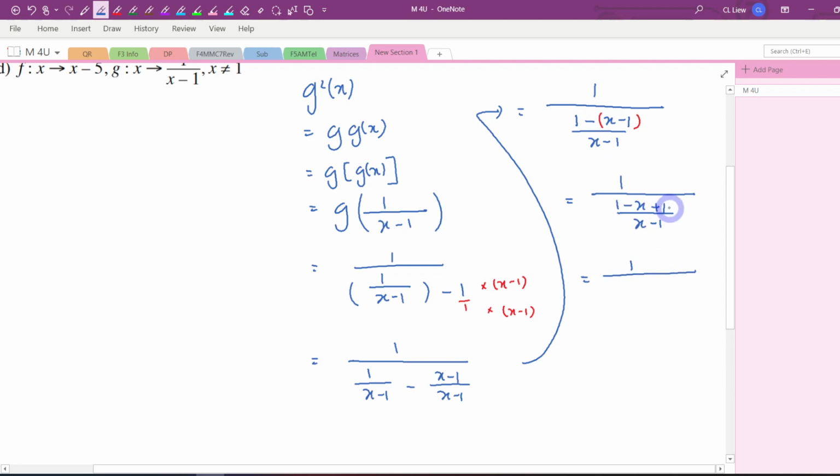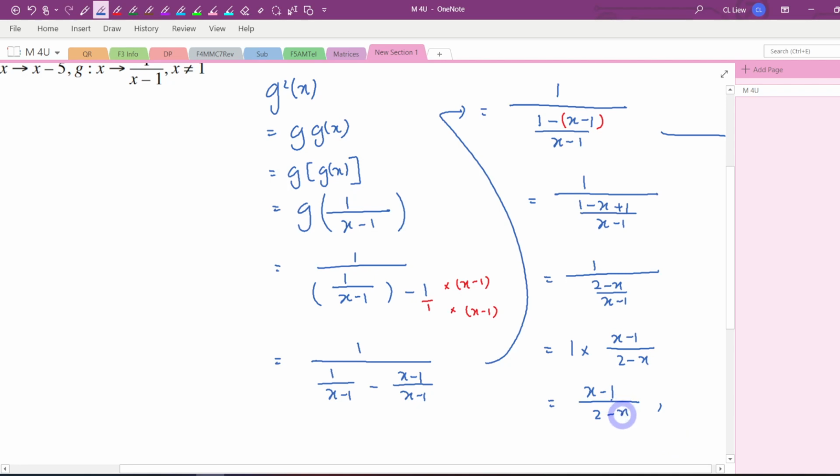So this is 2 minus x over x minus 1. 1 divided by this is actually equal to 1 times x minus 1 over 2 minus x, right? We just flip over the numerator and the denominator. And eventually, we'll get this answer: x minus 1 over 2 minus x.